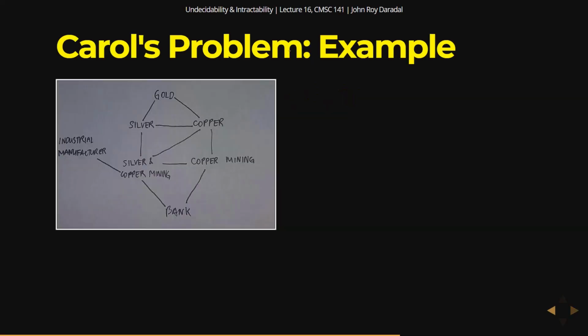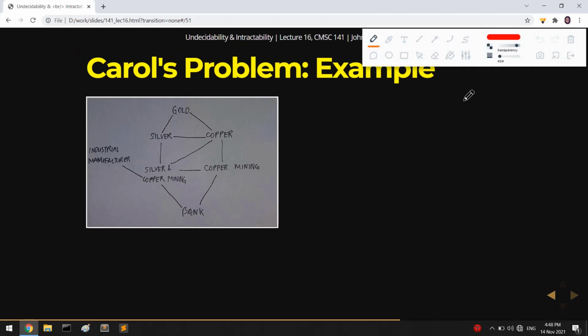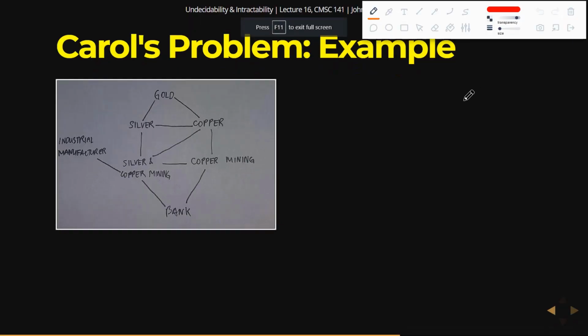So let's try a simplified version of the problem. For this one, we have the following investment opportunities: gold, silver, copper. Silver mining and copper mining are of course related to silver and copper, and then both mining businesses are related to the bank, and silver and copper mining are related to industrial manufacturing.